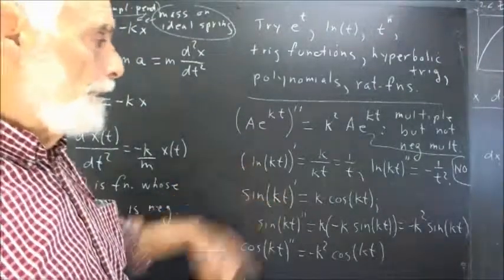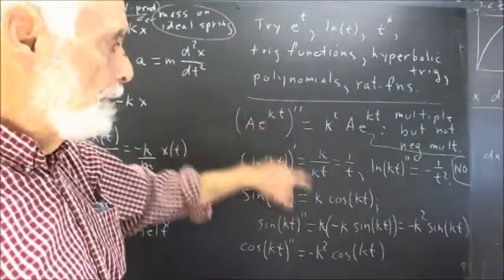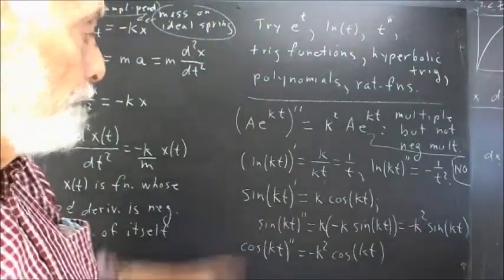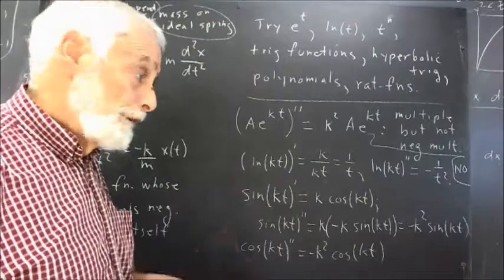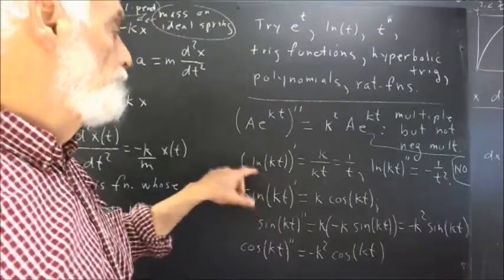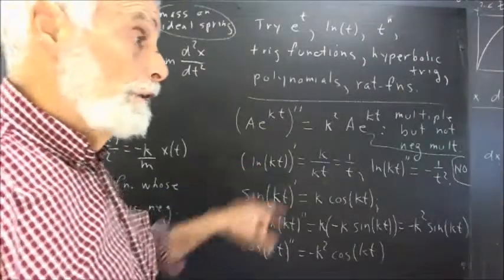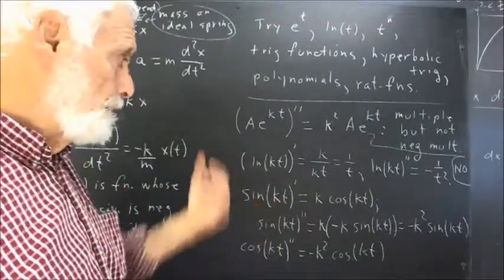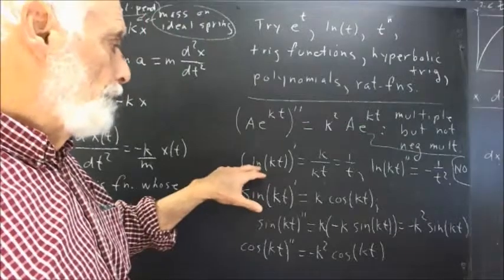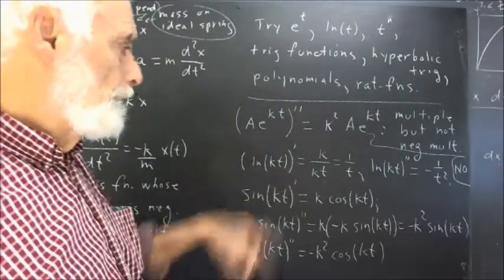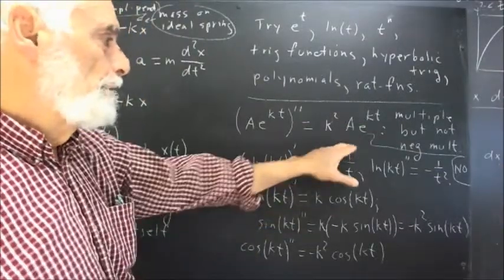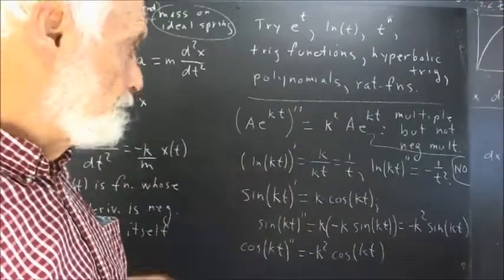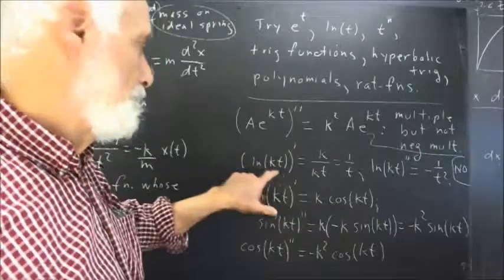Okay, well, we tried natural log of kt. Its derivative is just 1 over t ultimately. And I'll just make a quick side note there that natural log of kt is the natural log of k plus the natural log of t. K being a constant, the natural log of k is a constant. Its derivative is 0. The only thing that has a non-zero derivative would therefore be the natural log of t. And we could reason out that this is then 1 over t without even going to the chain rule, but I use the chain rule here.